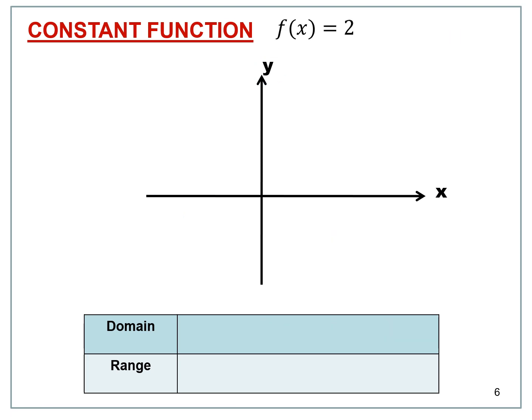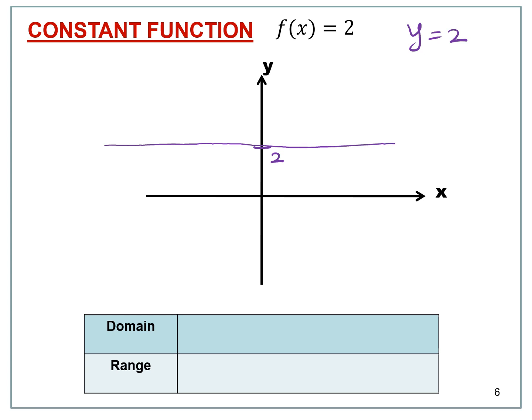Let's move to the next example. f(x) equal to 2. You can write y equals 2. So we put 2 here, and then draw a constant line at y = 2.